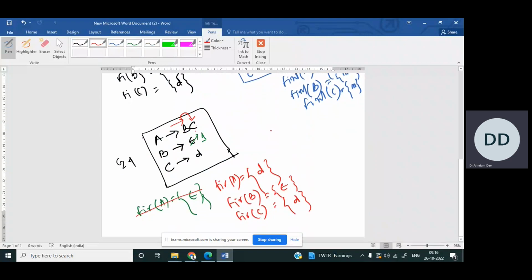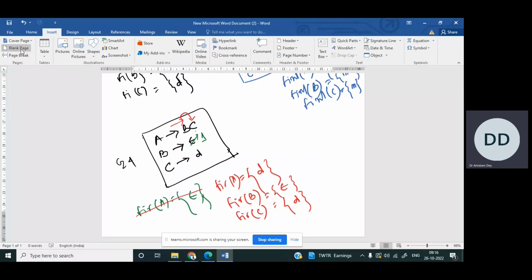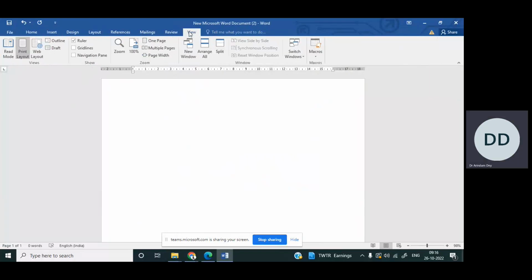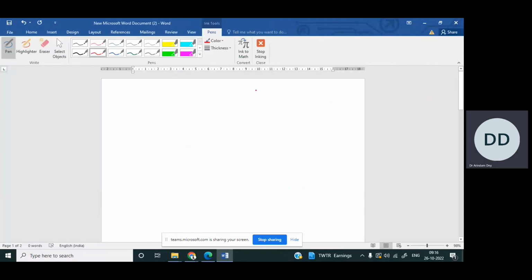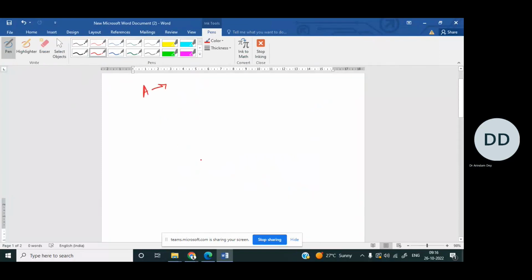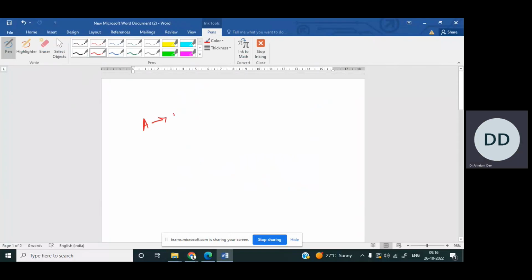It will be more clear if I take another example over here. Let me take one more extra page over here. Okay. Let I have a production A generating capital B, capital C, capital D, and capital E, right?